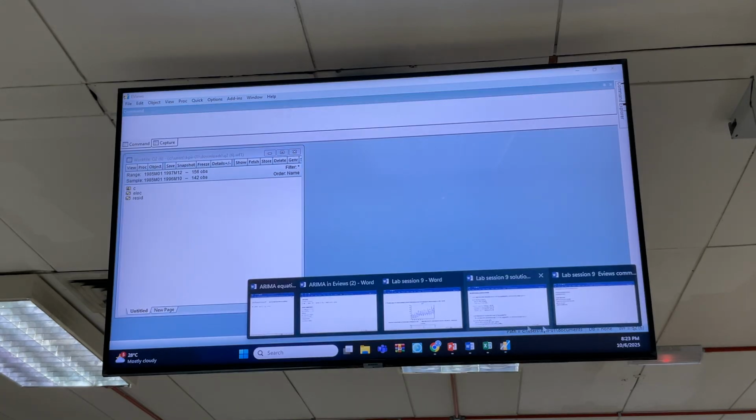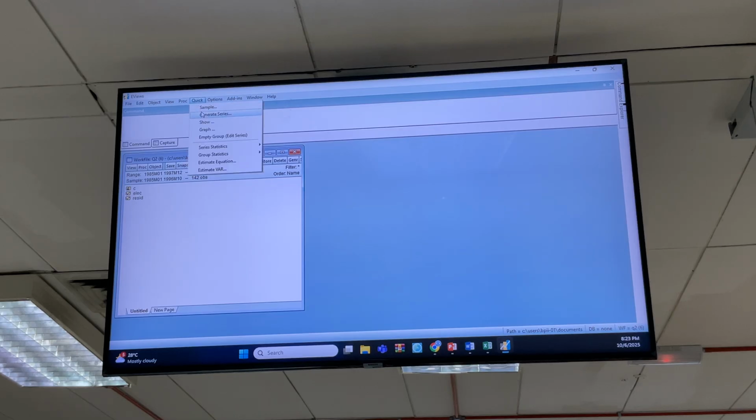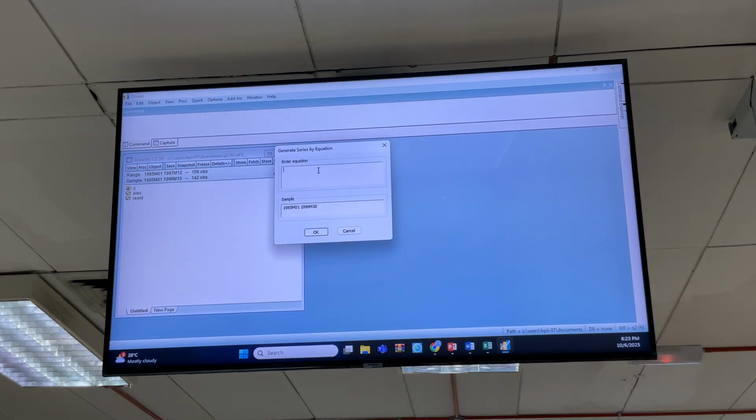For the seasonal difference, we have to create a variable ourselves, because in order to perform the unit root test on the seasonal difference, EViews does not provide the option. It only provides the option to perform the unit root test on the first difference and second difference.